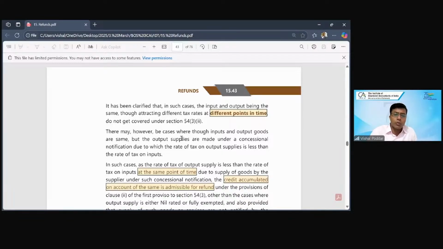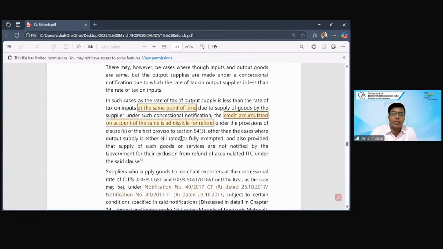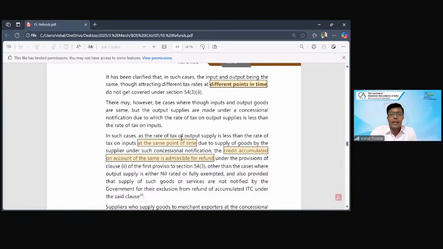Correct? So for this, what has been clarified? They clarified that in such a case, where the rate of output tax is less than the rate of tax on input at the same point of time, due to supply of goods by the supplier under some concession notification, the credit accumulated is admissible for refund.